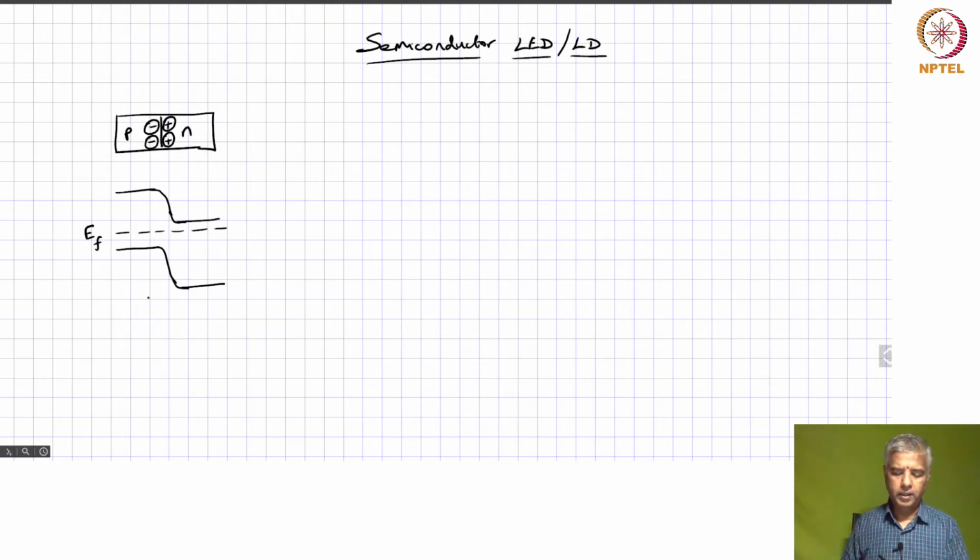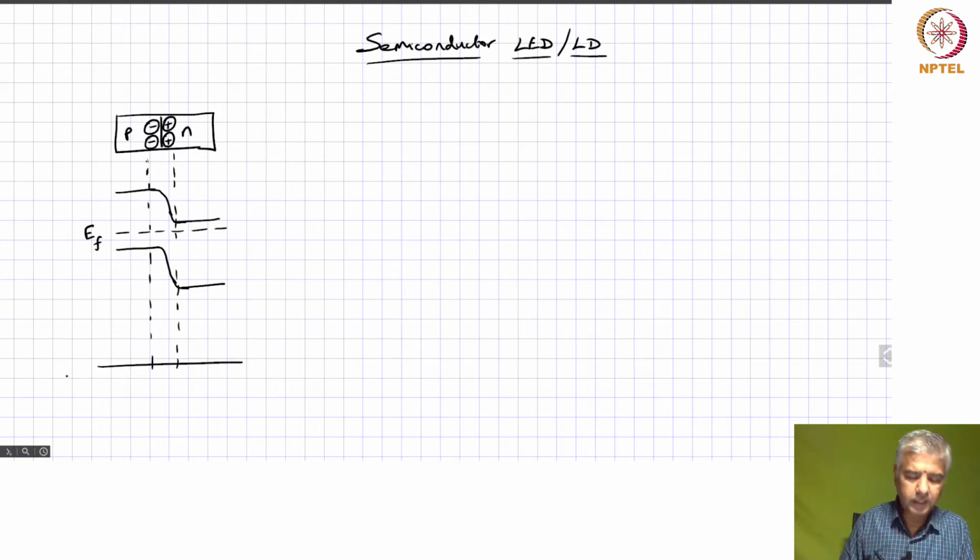where this transition region, which corresponds essentially to the depletion region, is somewhere over here. It can be defined like this. And what is happening in the depletion region?